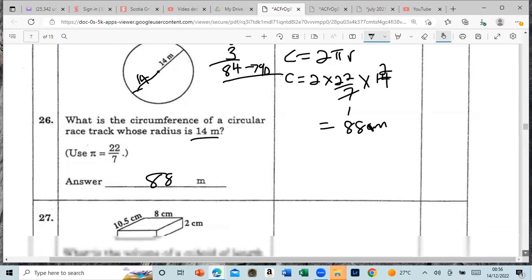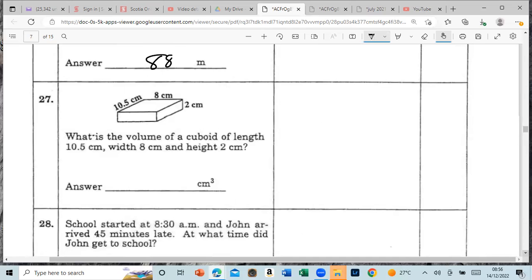Alright, 27 now. It says, what is the volume of a cuboid of length 10.5 centimeter, width 8 centimeter and height 2 centimeter? Alright, so we know the volume of a cuboid. I'm doing that in my class right now as we speak with my PEP student. This would be our length.